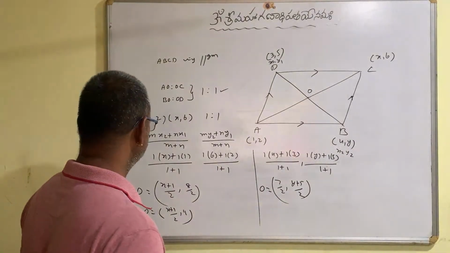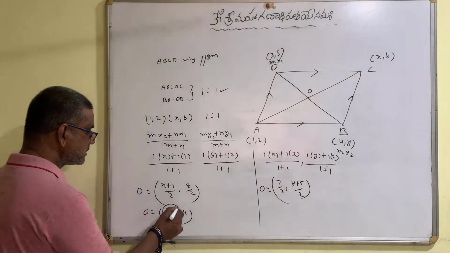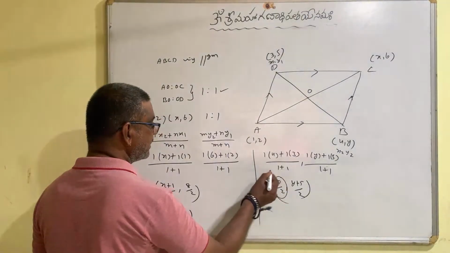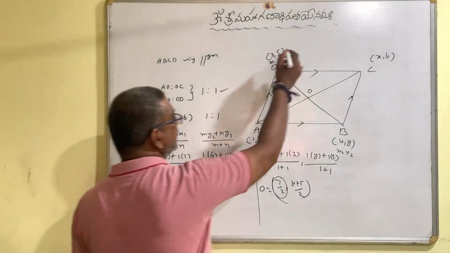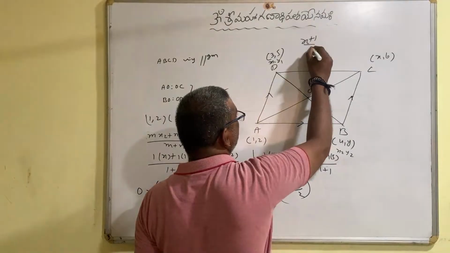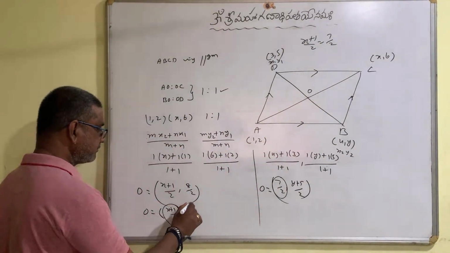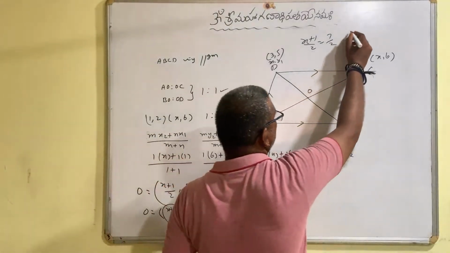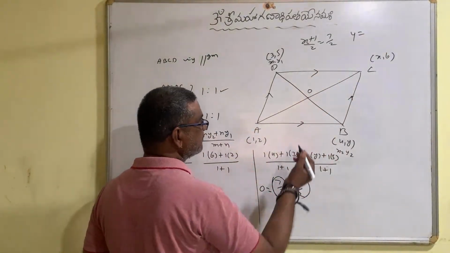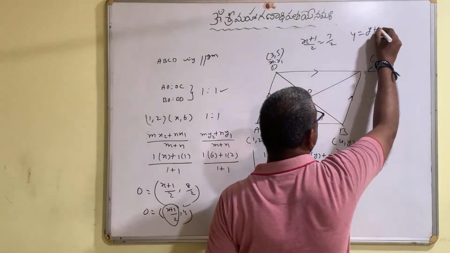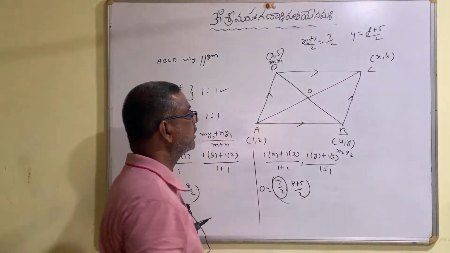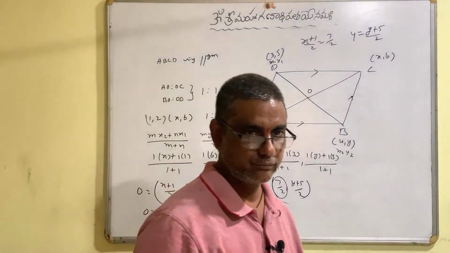So the x coordinate of this is the same as the x coordinate of this. That means (x+1)/2 is equal to 7/2, and the y coordinate of the first one is equal to the y coordinate of the second one. Now find the x value and y value.